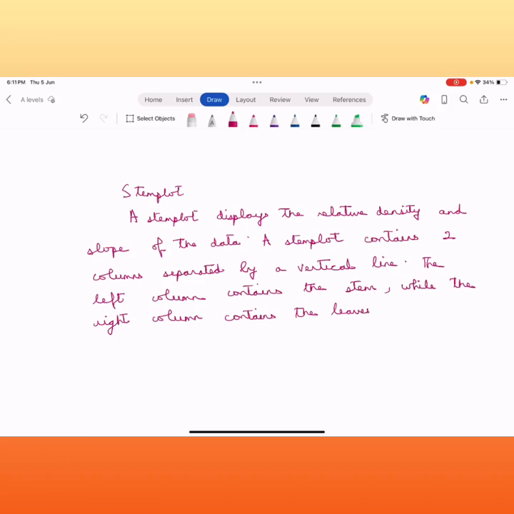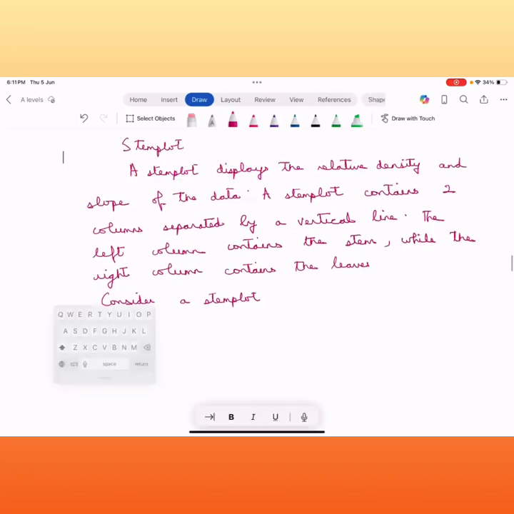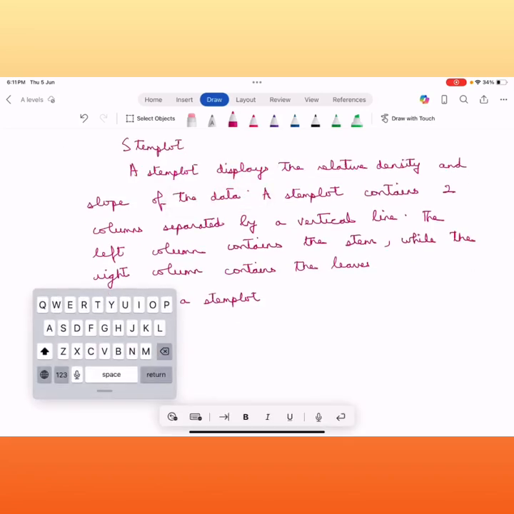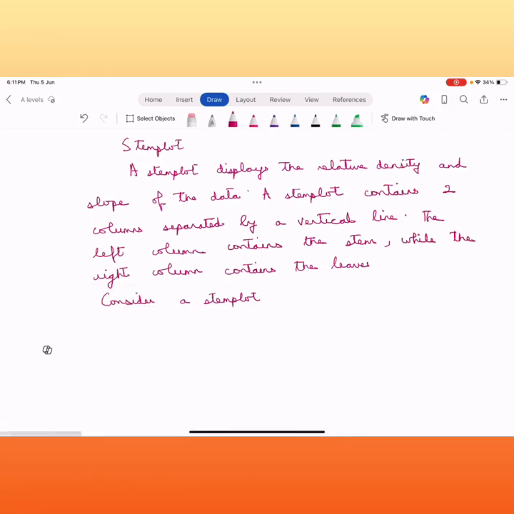So here is an example. Consider a stem plot which indicates the number of laps a teenager can swim.